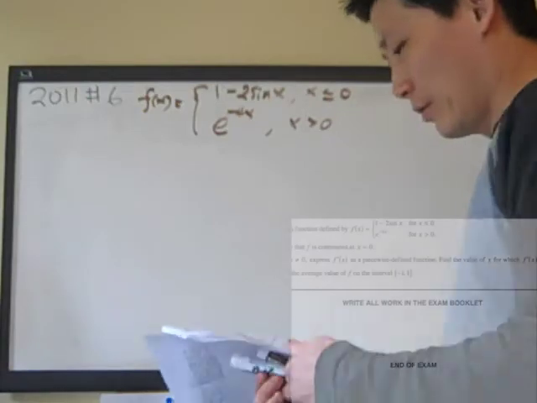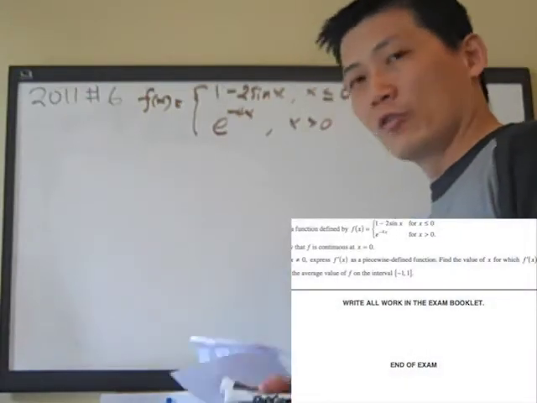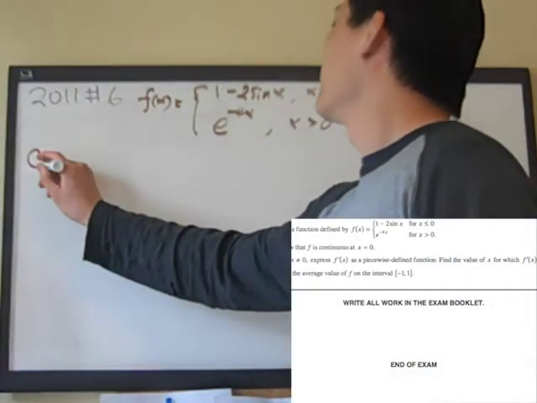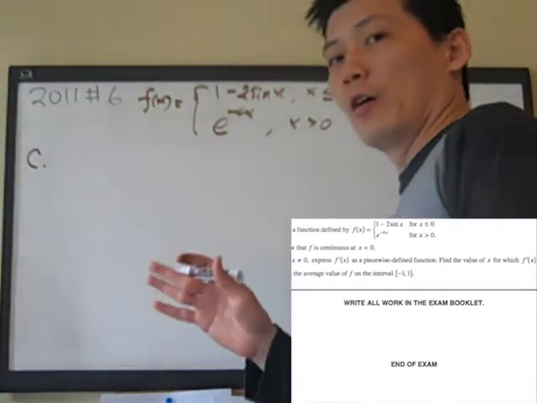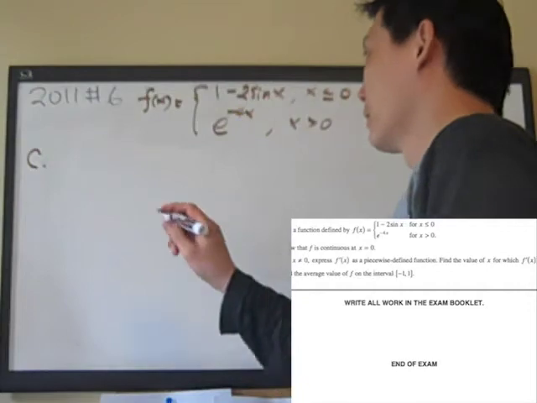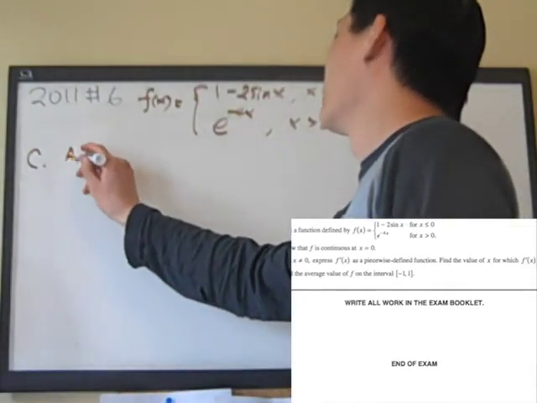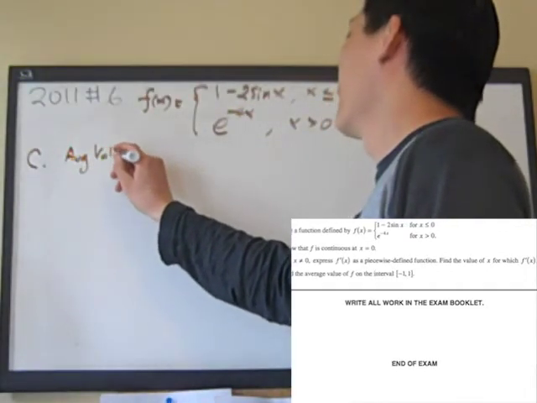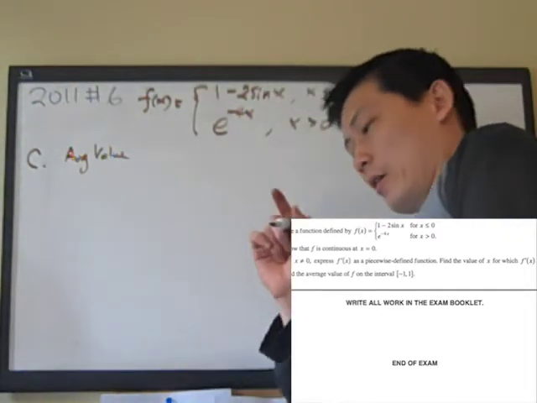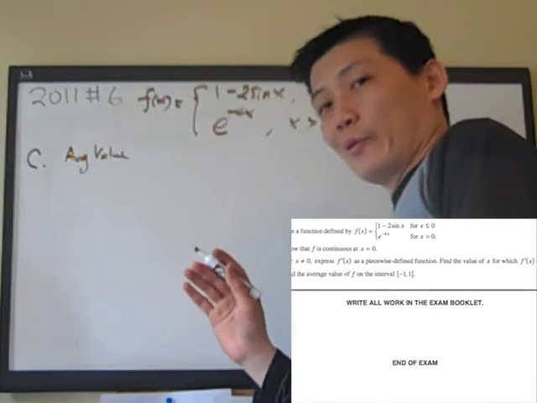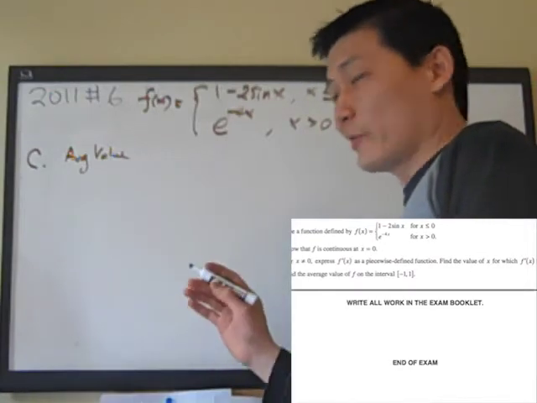Now part C says find the average value of f in the interval of -1 to 1. Now remember, average value in calculus, and I repeat that many times in class, I'm hoping that at some point you will memorize this.